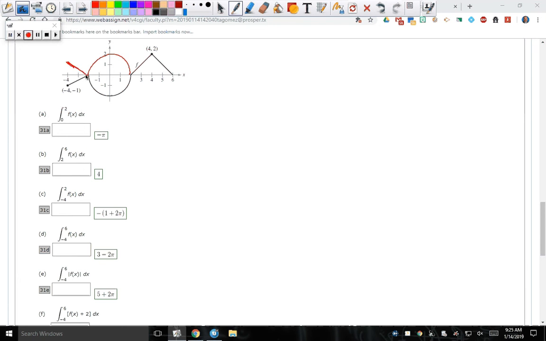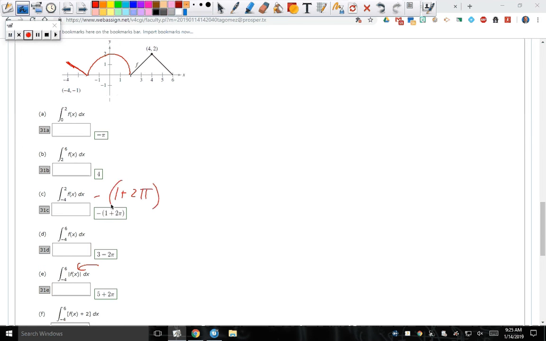So when you see the absolute value, you know that this function is not going to be below the x-axis. So all of this over here basically gets reflected, and it no longer is going to be interpreted as negative area. Okay? So remember over here we got negative 1 plus 2 pi.